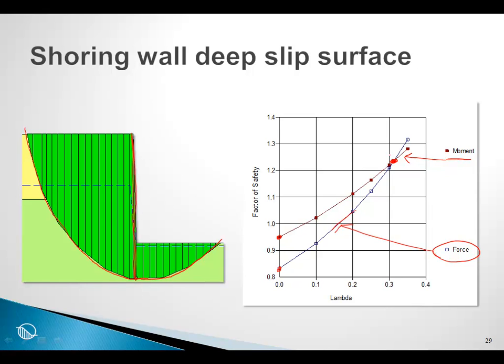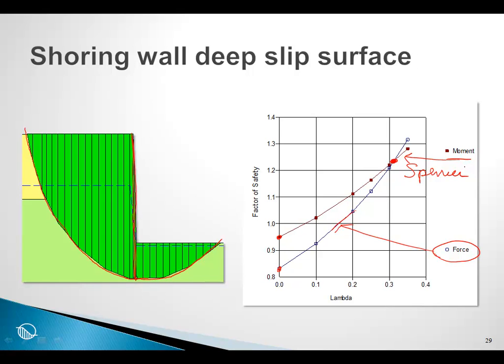In this case, if you relied on the Bishop factor of safety, you might say that the anchorage for the wall is not adequate and more anchorage is required. On the other hand, if you were to hang your hat on the Spencer method, then you might say, well, for temporary works, a factor of safety of 1.2 something is adequate.